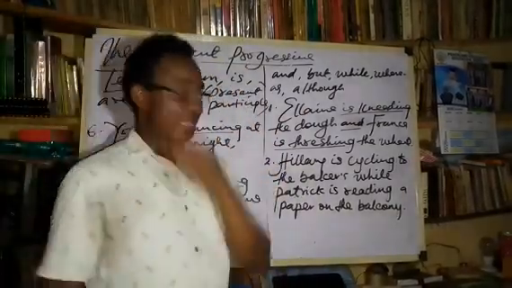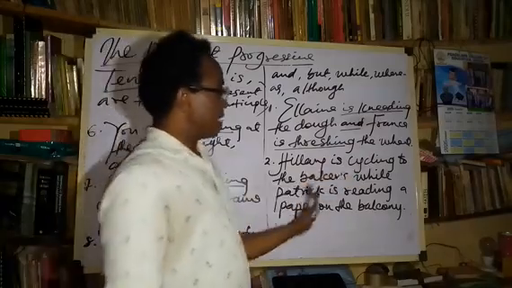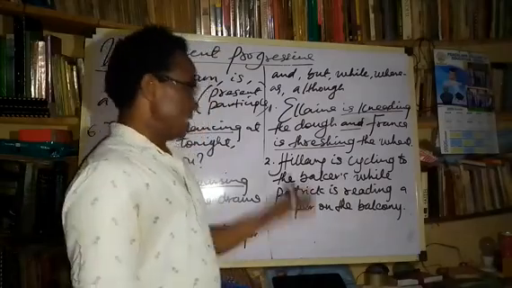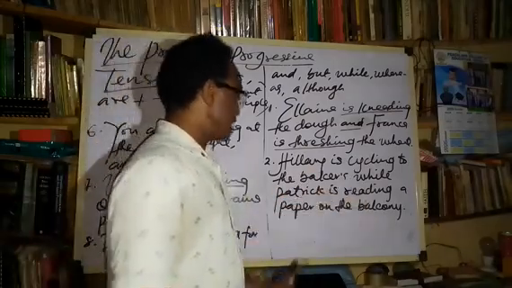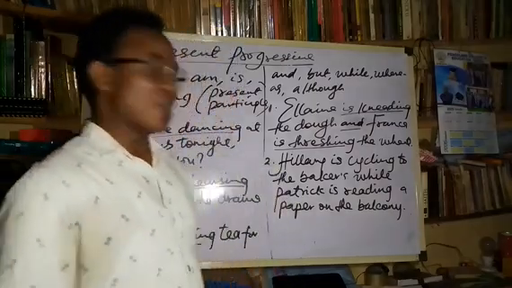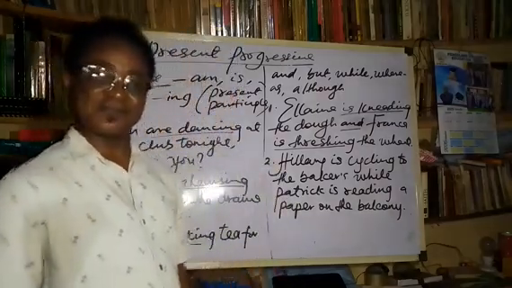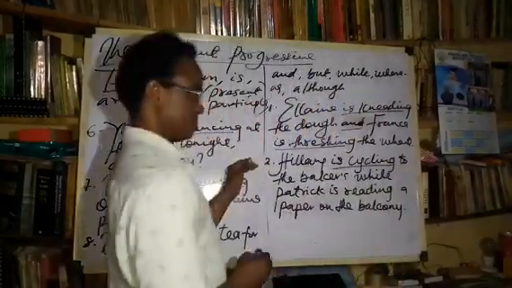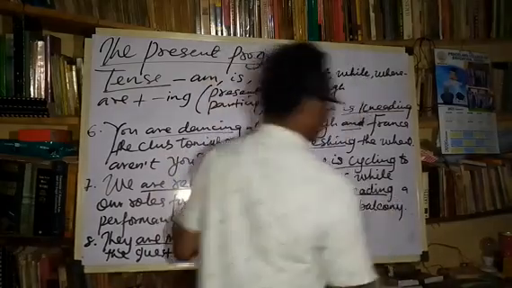So, number 2 says, Hillary is cycling to the baker's while Patrick is reading a paper on the balcony. Is cycling, is reading.